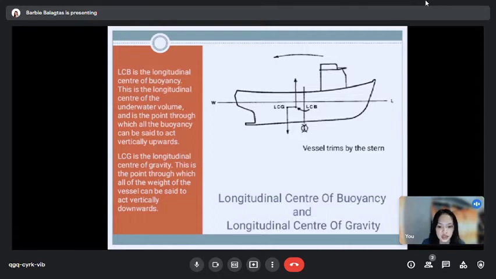And the LCG is the longitudinal center of gravity. This is the point to which all the weight of the vessel can be said to act vertically downwards. So the LCB acts upward and the LCG acts vertically downward. So in this picture, the vessel trims by the stern.